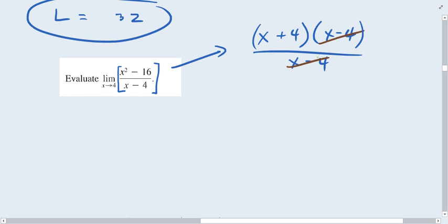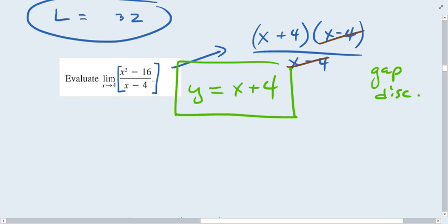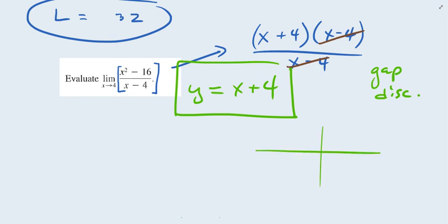Because it includes one of the restrictions, there's going to be a gap discontinuity. So the graph is actually going to look like y equals x plus 4, this line, but it's going to have a gap at x equals 4.